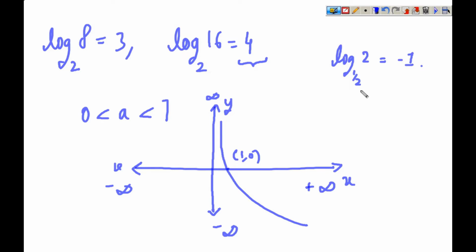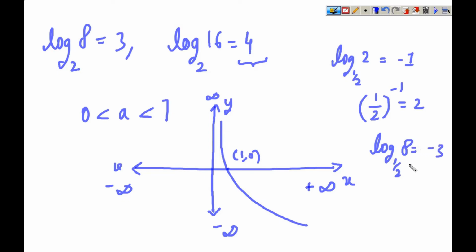How did we get that? 1 by 2 raised to power -1 will give me 2. Similarly, if I write log of 8 to the base 1 by 2, that gives me -3.